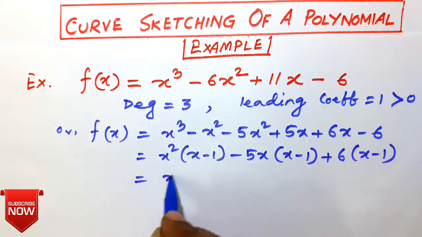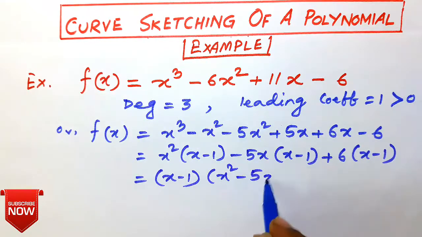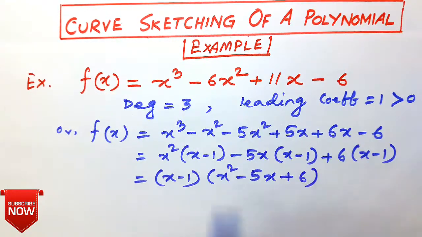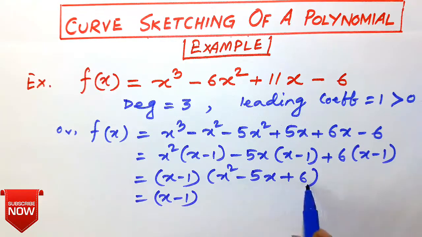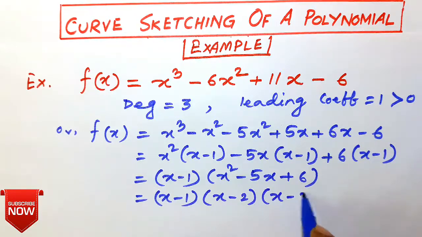So we take x minus 1 common. So x square minus 5x plus 6. This is equal to x minus 1 into, this quadratic part will also be factorized, x minus 2 into x minus 3.